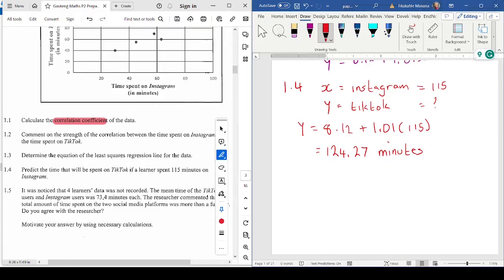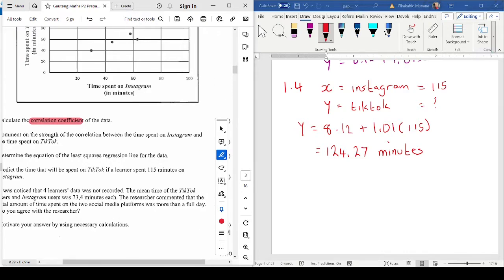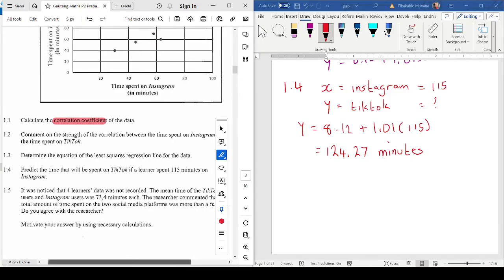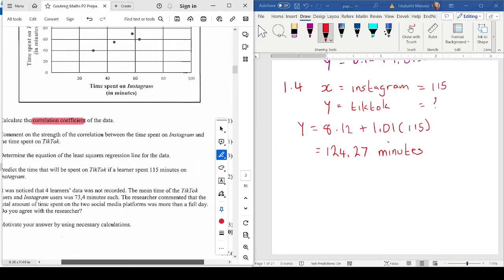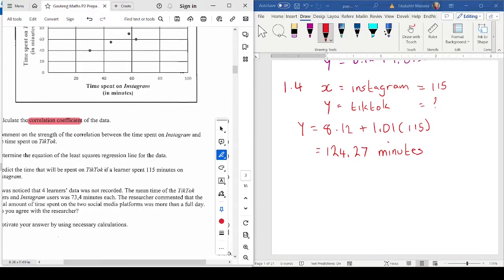Now, it was noticed that for learners data was not recorded. Four learners is missing from the data above. The mean time of the TikTok users and Instagram users was 73.4 minutes. This is the mean time, meaning the average time, and each.